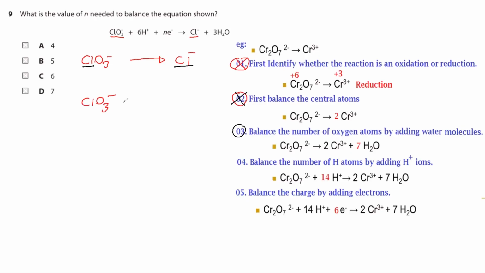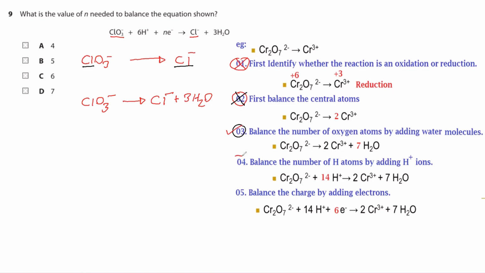On my reactant side there are 3 oxygen atoms, but on my product side there are no oxygen atoms. So I am going to add 3 water molecules to this side. One water molecule has 1 oxygen, so 3 of them will have 3 oxygen. Now the oxygen is balanced.